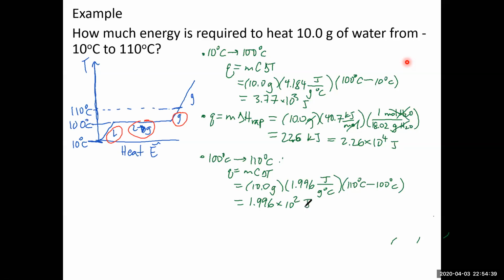Now at the end of the problem, we want to see how much energy total was required to heat the 10 grams of water from 10 degrees Celsius to 110 degrees Celsius. So at this point, we need to add up all of these amounts of energy.